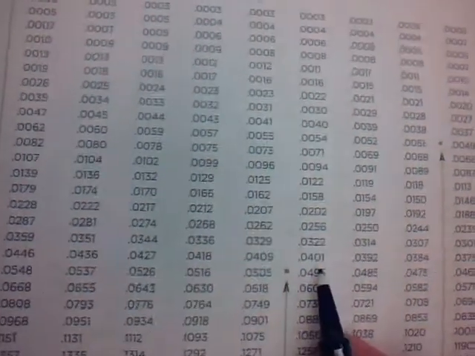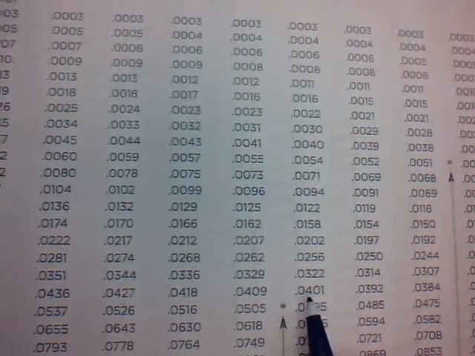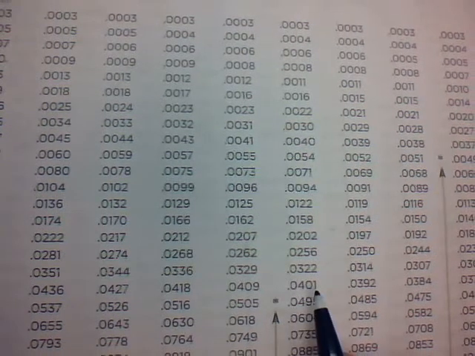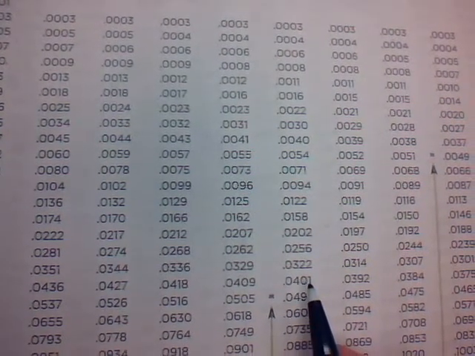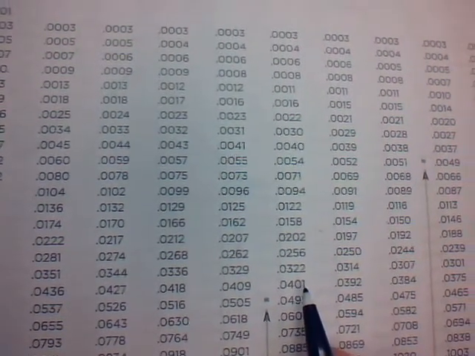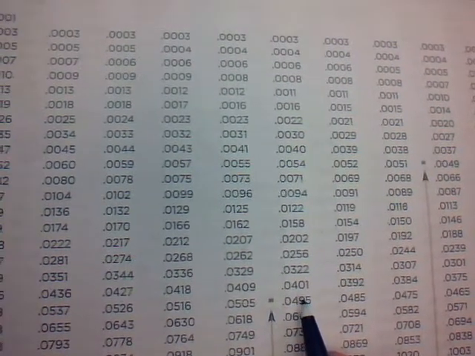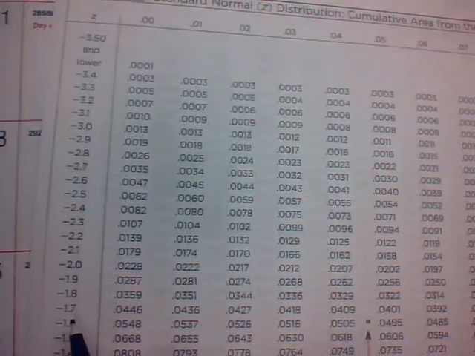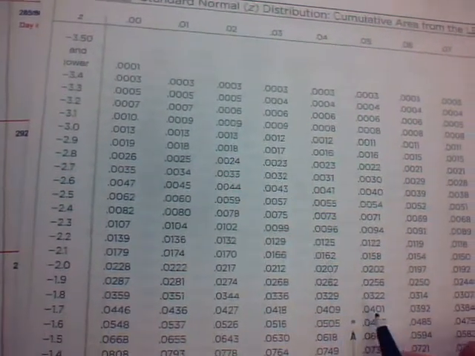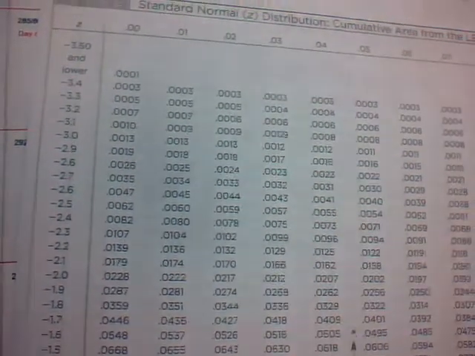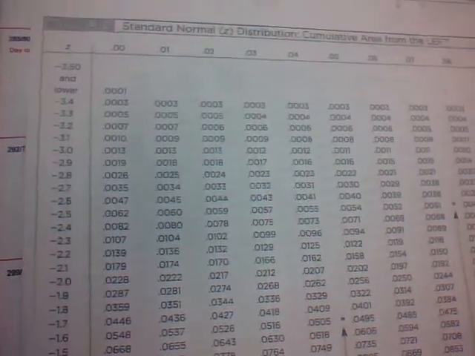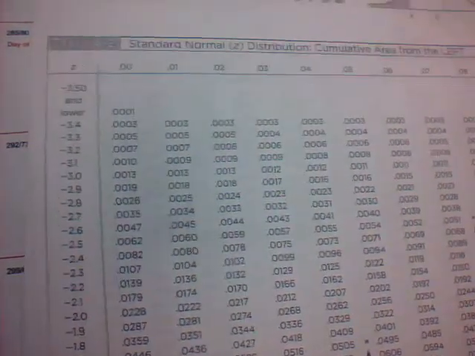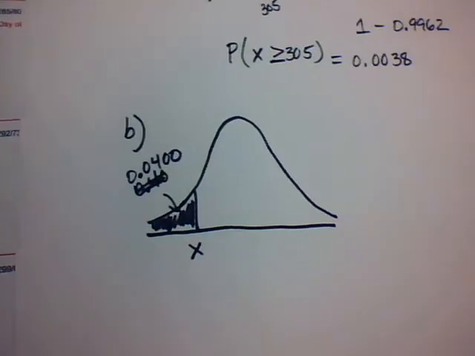And if you look right here, here it is, 0.0401. That's closest to 0.0400. Then we look to the left and look up above. To the left is negative 1.7. And then above it is 0.05. So we'll use negative 1.75 as our z value.